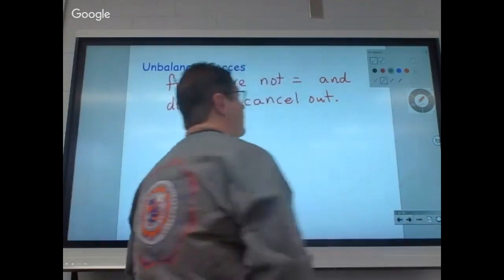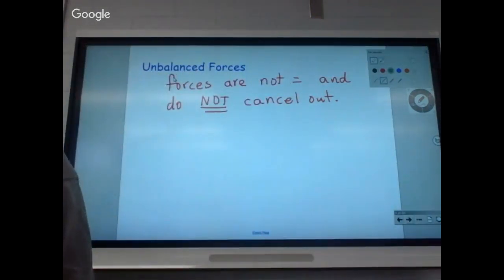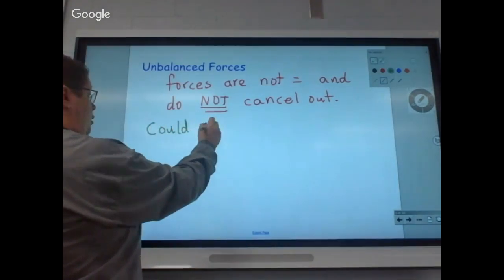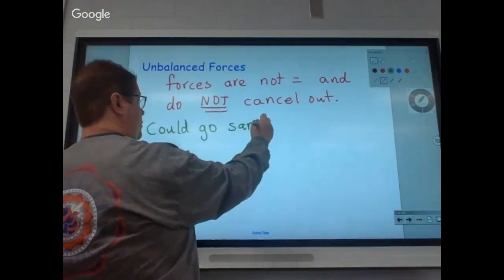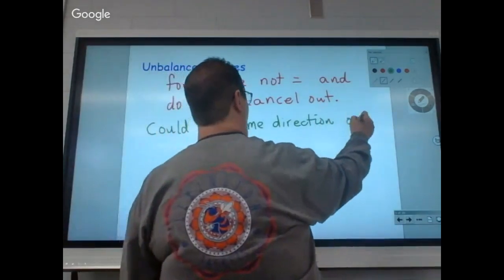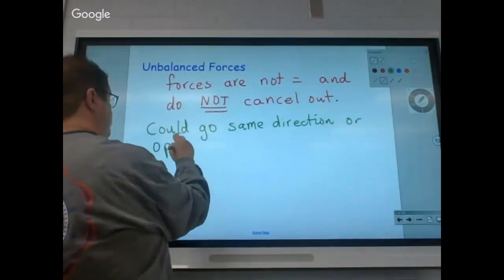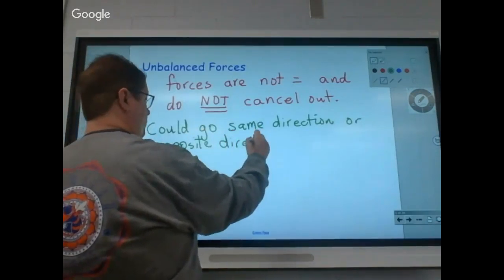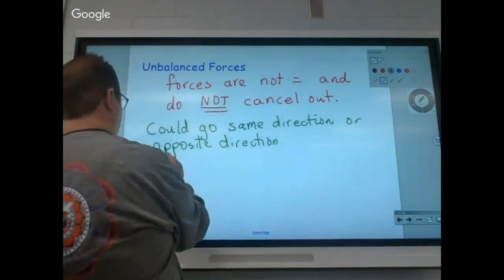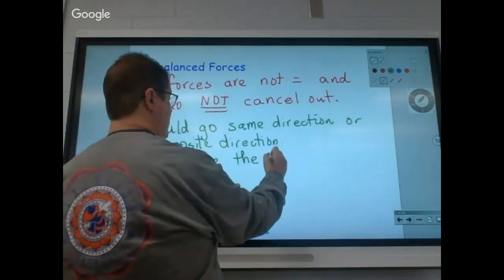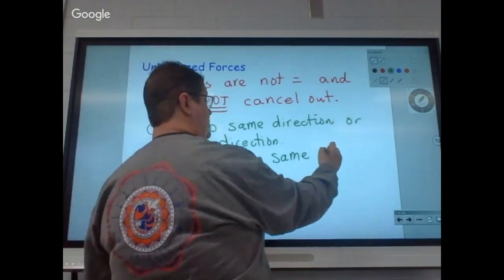Okay? Now, the important part in this is they could go the same direction or opposite direction. They could be the same size.